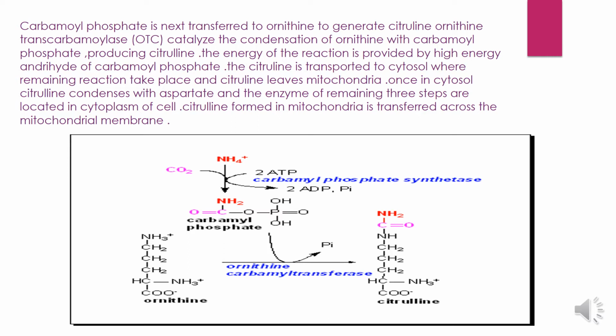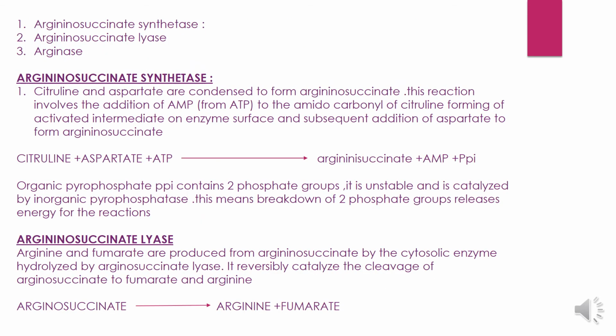Citrulline is transported to the cytosol, where the remaining reactions take place, and citrulline leaves the mitochondria. Once in the cytosol, citrulline condenses with aspartate. The enzymes of the remaining three steps are located in the cytoplasm of the cell. Citrulline formed in the mitochondria is transferred across the mitochondrial membrane.